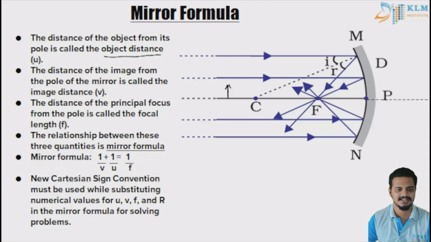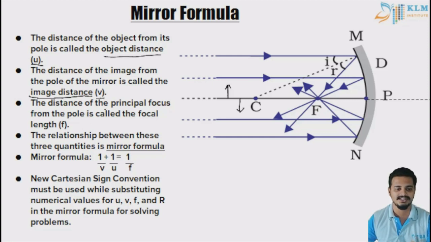It is represented by small u. The distance from the image, let's draw an image here. The distance between an image and pole is known as image distance. Easy, right? It is represented by small v.